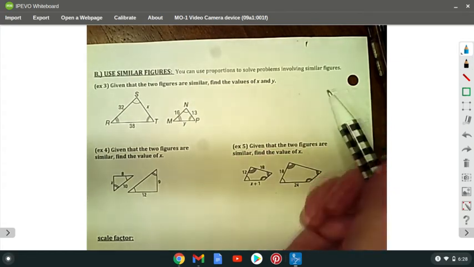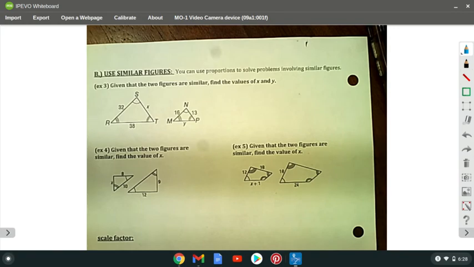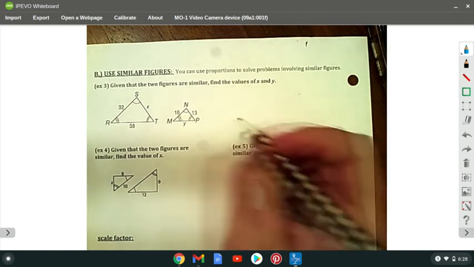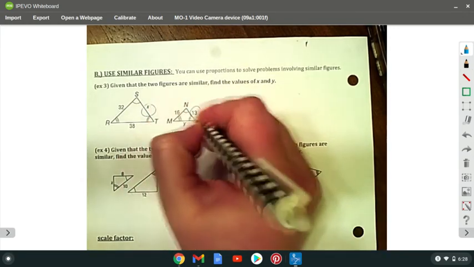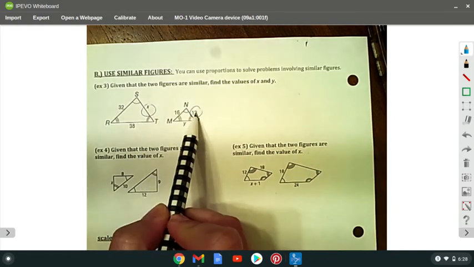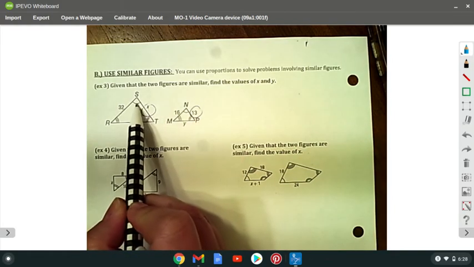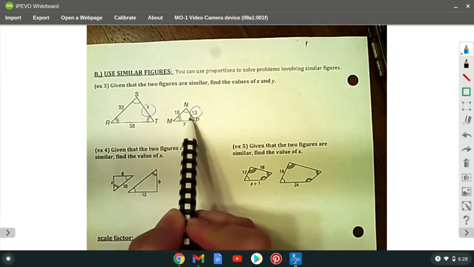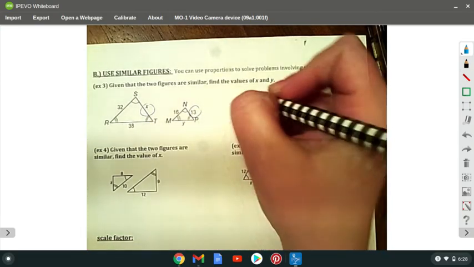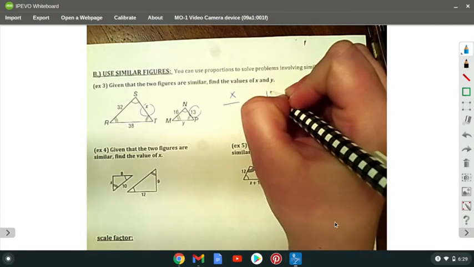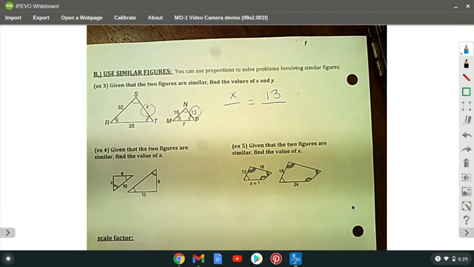So when we set up a proportion, we're just looking for what sides would be similar. So if I want to find x, I'm going to use these 2 sides. They're clearly similar. They're both between the 1 arc and the 2 arc on each triangle. So I can put those next to each other in a proportion. Now, this is the part where you have to pay attention.